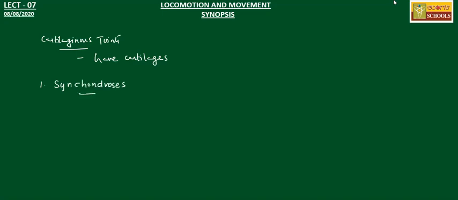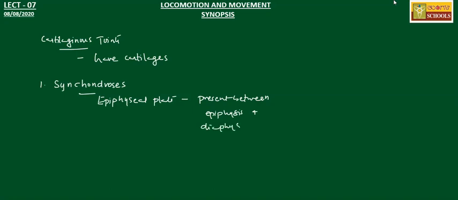Synchondrosis. Here this synchondrosis we see at the epiphyseal plate. This epiphyseal plate is the synchondrosis, and this is present between the epiphysis and the diaphysis.